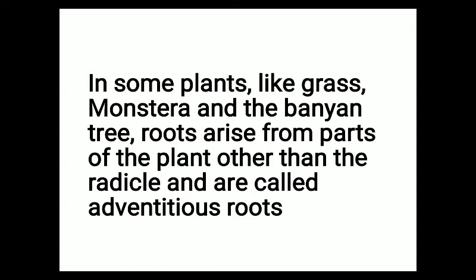Generally the root arises from the radicle part of the embryo, but if any root arises from another part of the plant apart from the radicle, then such a root is known as adventitious root. It is commonly seen in monstera, grasses and banyan tree.